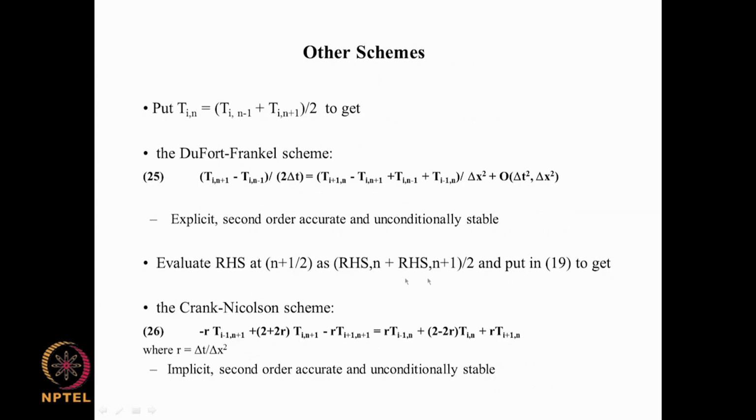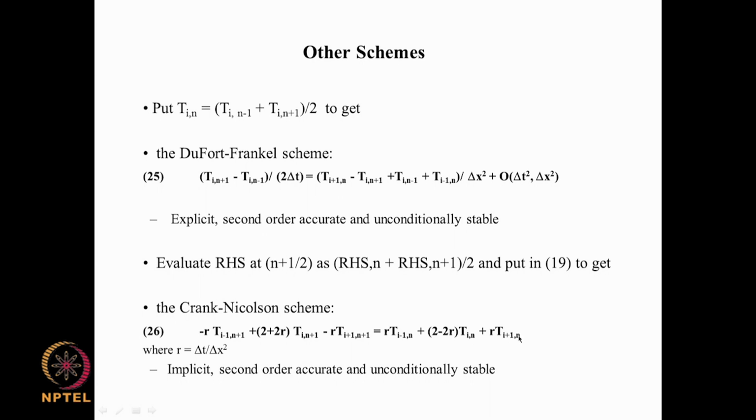So, if you do that, then you have an expression which can be finally brought into this particular form here, where you are using the symbol r equal to delta t by delta x square, and the form after fairly simple algebraic manipulation comes out as minus r T i minus 1 n plus 1 plus 2 plus 2 r times T i n plus 1 minus r T i plus 1 n plus 1 equal to r T i minus 1 n plus 2 minus 2 r T i n plus r T i plus 1 n.